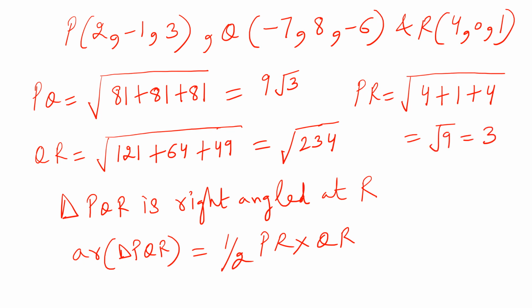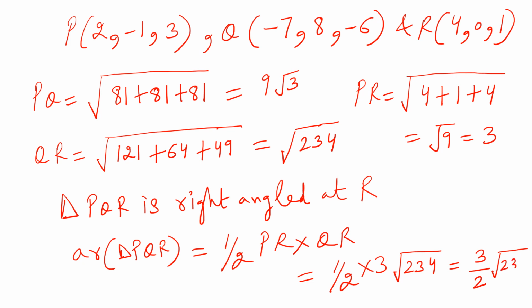Now students, the area of triangle PQR becomes 1 upon 2 into 3 into square root of 234. So this is nothing but 3 upon 2 into square root of 234. So hence option C is also correct. Now students, we move further.